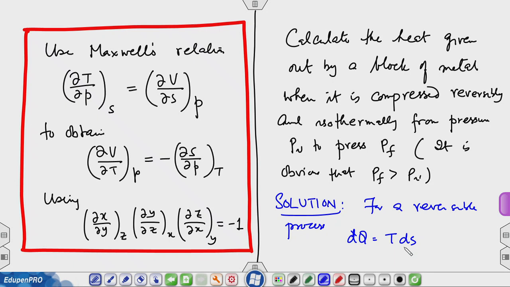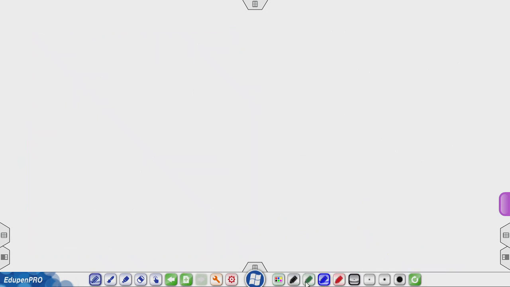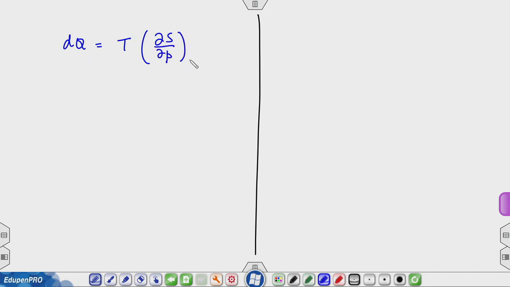So, I can write this as T partial S with respect to P at constant T dP. So, the heat I am calculating is dq equals T partial S partial P keeping T constant dP.